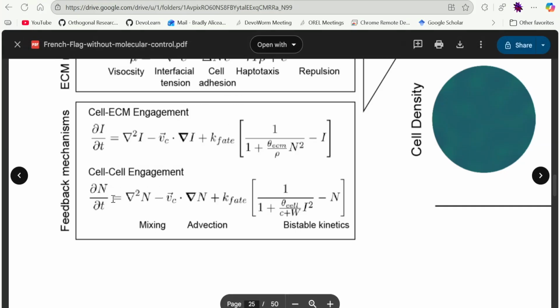The cell extracellular matrix engagement is a single cell in response to its extracellular matrix. The second term is cell-cell engagement, which is where the cells are interacting directly and independently of the extracellular matrix. And in this differential equation, we have mixing, which is a gradient, advection, which is a gradient, and these bistable kinetics, which are part of both terms.